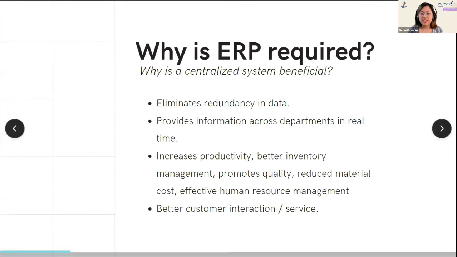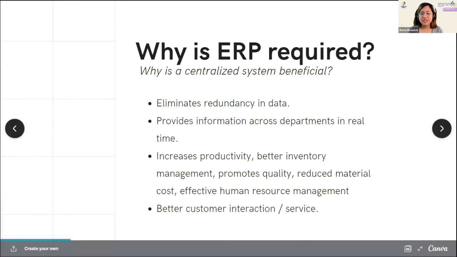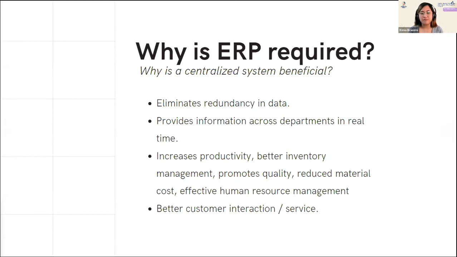The sales team does not have real-time information access to product availability. So what happens is, instead of waiting for the sales team to provide the product they want, the client will choose to look elsewhere. This will lead to loss of revenue and customer dissatisfaction.